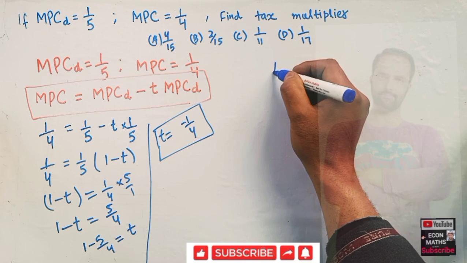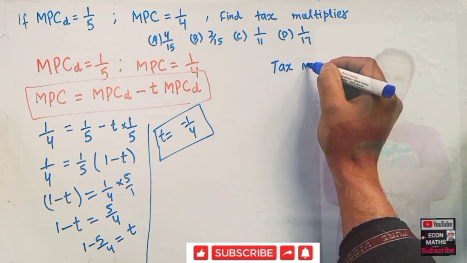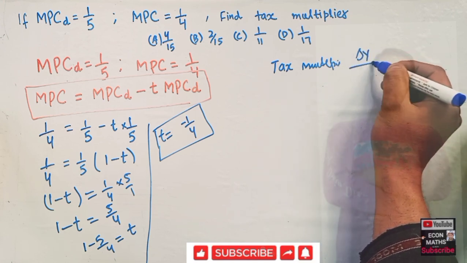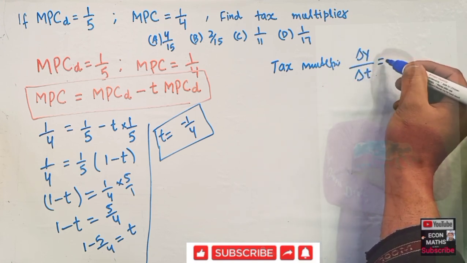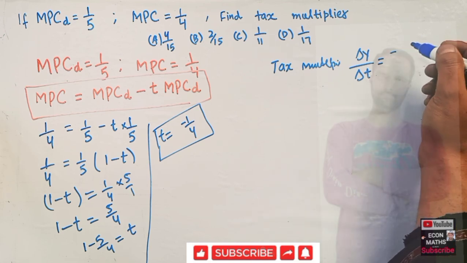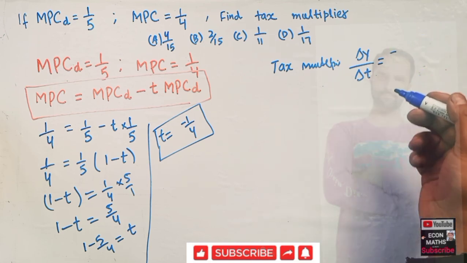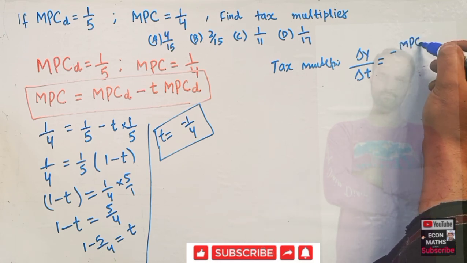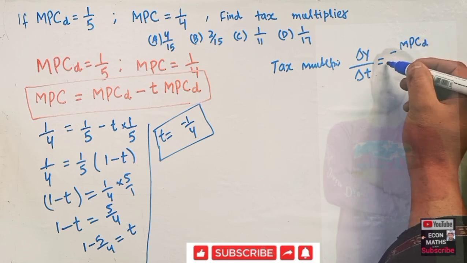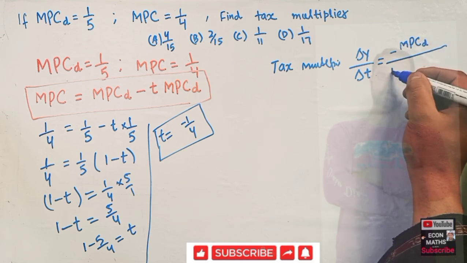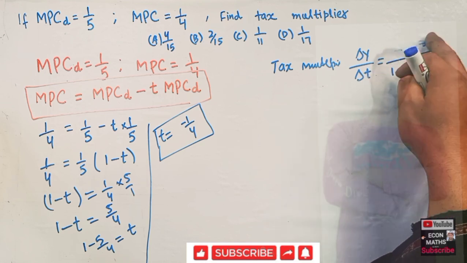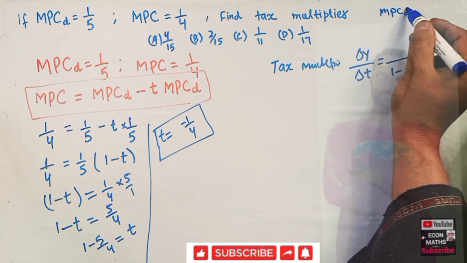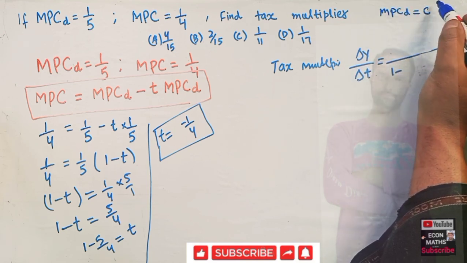Now tax multiplier is being given here like this: tax multiplier formula is, that means change in income upon change in tax is equal to minus marginal propensity to consume, that means MPC, D upon 1 minus, let us denote this MPCD by any term, so let us write MPCD as C dash.